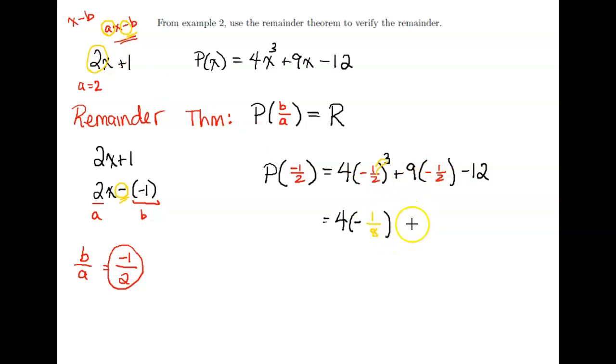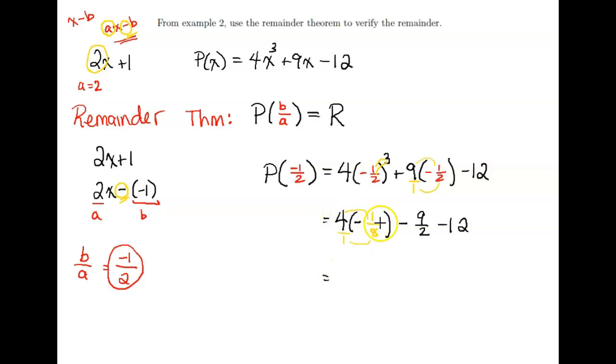Now, don't forget, there is an invisible 1 under the 4, and if we're multiplying fractions, we just multiply the tops and multiply the bottoms. So this is going to become negative 9 over 2. That minus 12 just comes along for the ride. Now let's multiply this out as well: multiply the tops, multiply the bottoms.